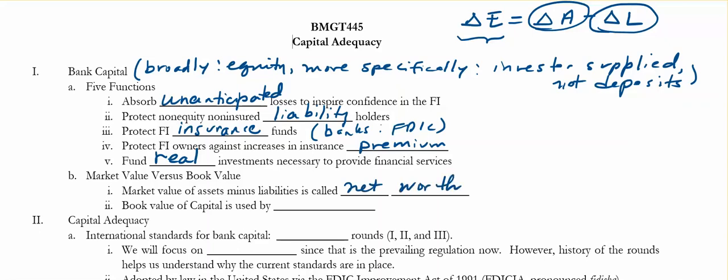And that in finance is always what we care most about, the market values. However, it's difficult to measure market value. Therefore, regulators are often using book value, and they implement formulas to try to approximate what the market value is of the bank capital.